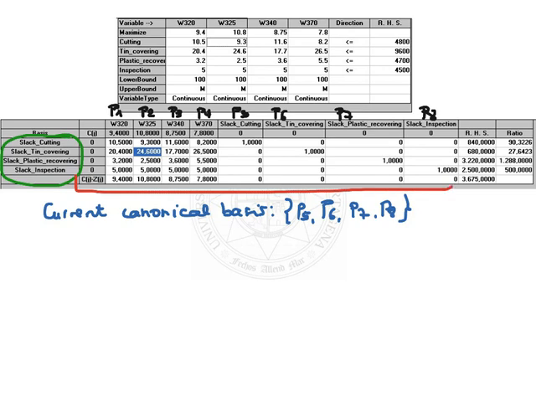And as we are maximizing, we have to look for the greatest one, which is this one. So P2, or its variable, which is x2 or W325, goes into the basis.